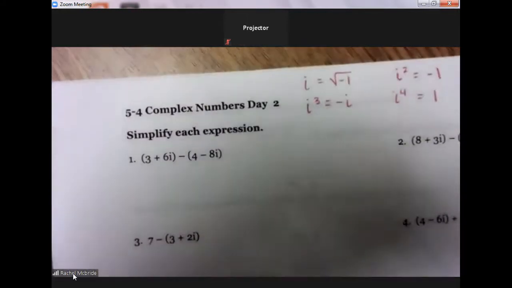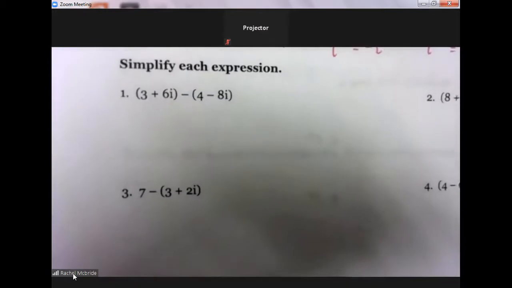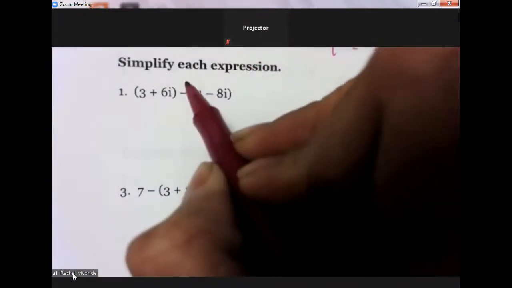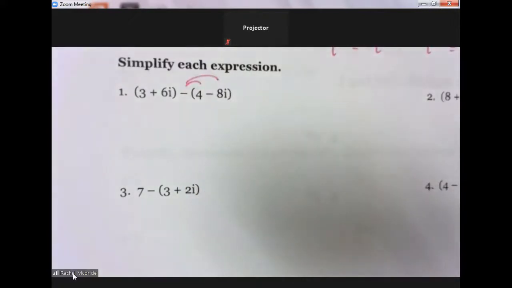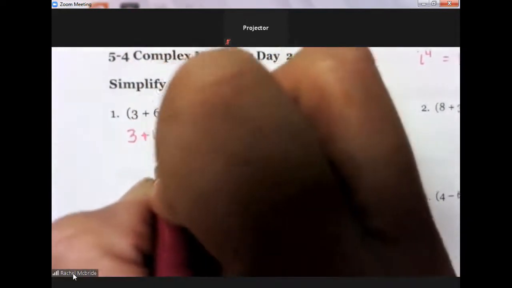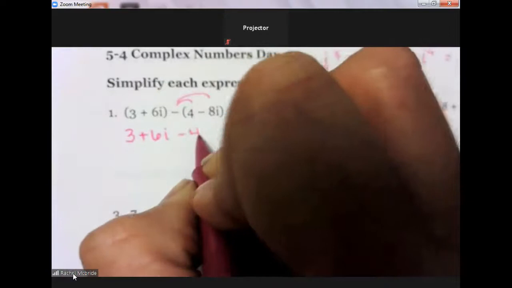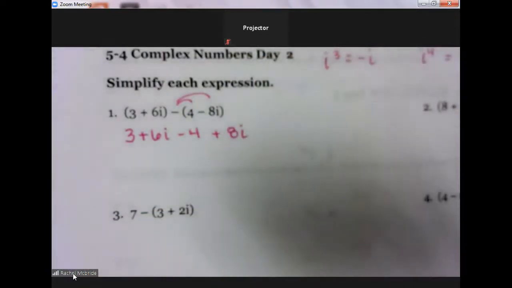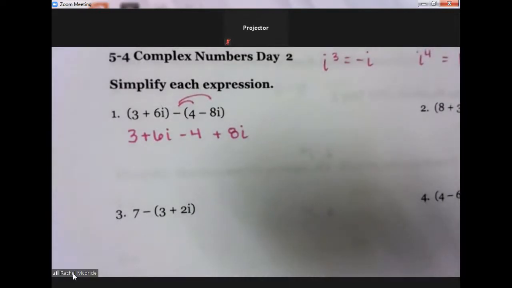So in number 1, where it says to simplify, we're going to start by getting rid of the parentheses, so distributing the negative. So that becomes 3 plus 6i minus 4 plus 8i, because you're going to distribute the negative in.